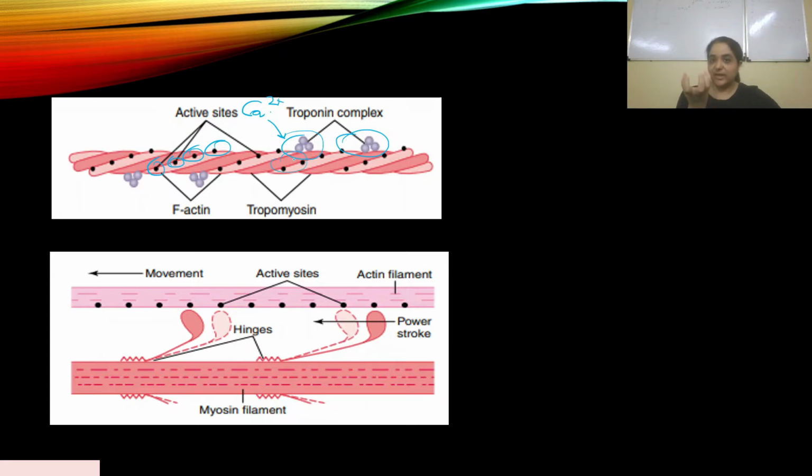This is what's actually happening. Active sites get exposed, and then the myosin heads attach to those active sites. The active sites are now available for attachment, and when the myosin head attaches to the active site, the cross bridge is formed. So calcium ions, that is how they are important.